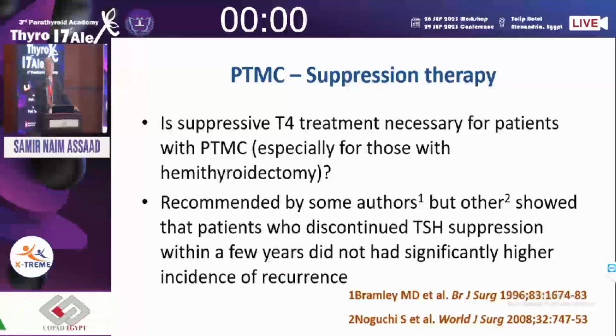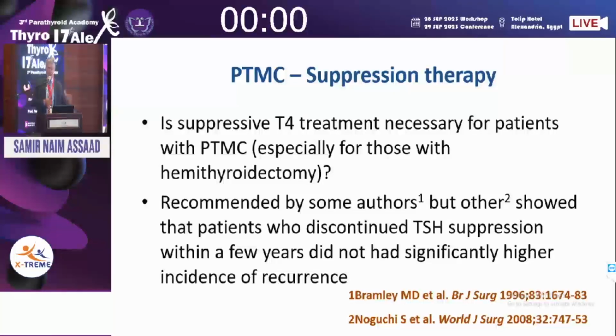What about thyroid suppression therapy? You remember in thyroid cancer, usually we like the TSH to be low to avoid any remnant cells growing. This is called suppression. The guidelines say if it is low risk, you can keep the TSH between 0.1 and 0.5, not very low, because in high risk you give less than 0.1.